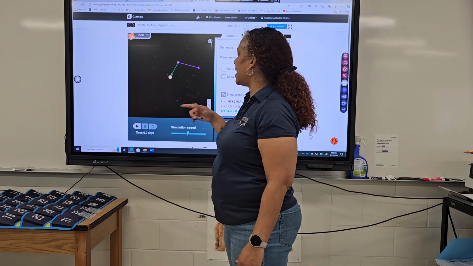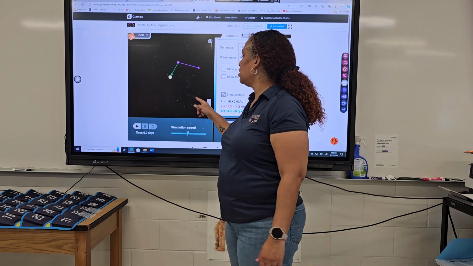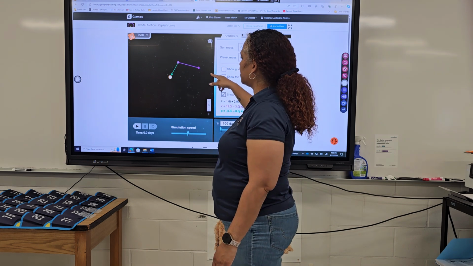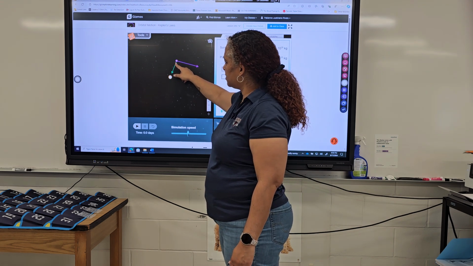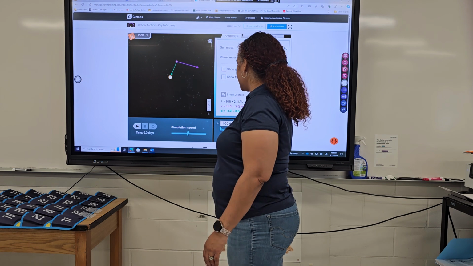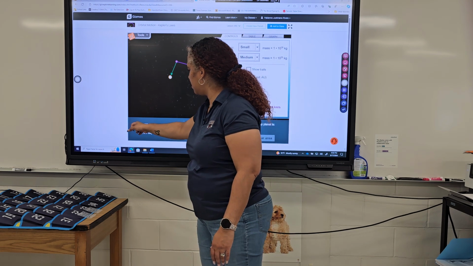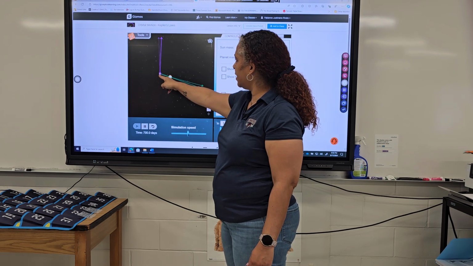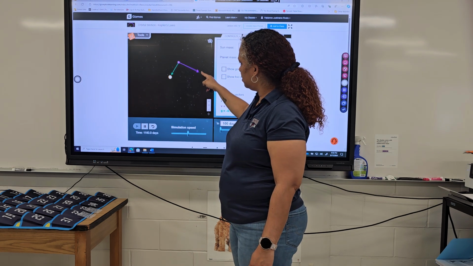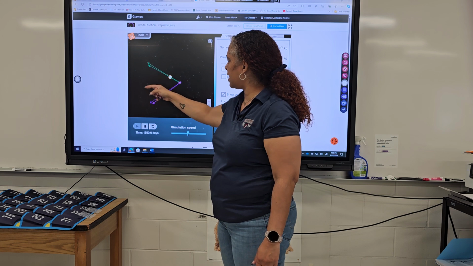In this case, this object was originally traveling in this direction, but it got caught in the sun's path. Because of that, it's continuing to try to go in this direction, but it's getting pulled towards the sun.